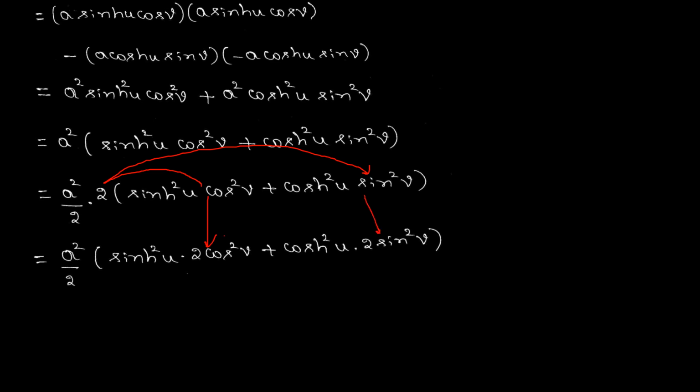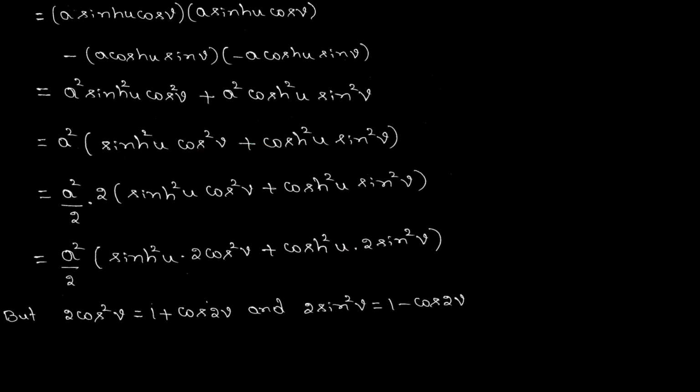Because we have identities for 2 cos square v and 2 sin square v, 2 cos square v can be written as 1 plus cos 2v and 2 sin square v can be written as 1 minus cos 2v. Let us replace these in these places.